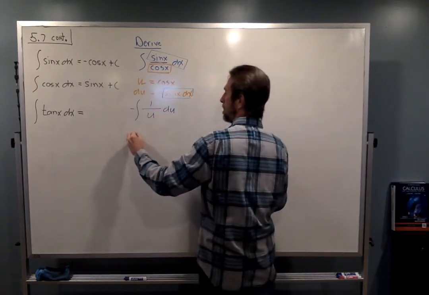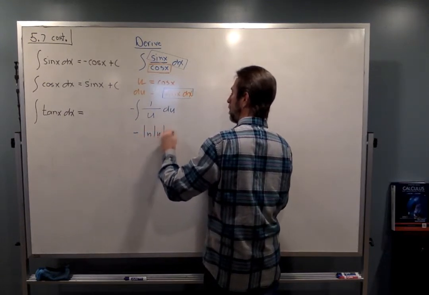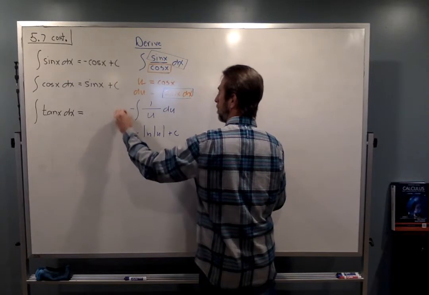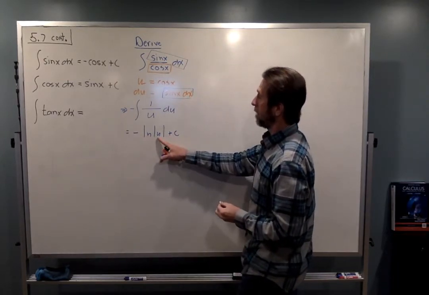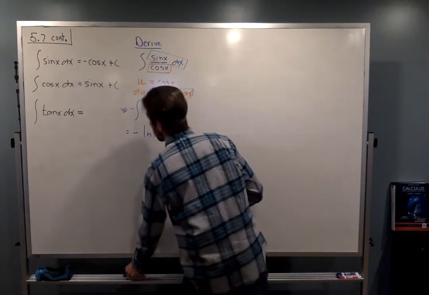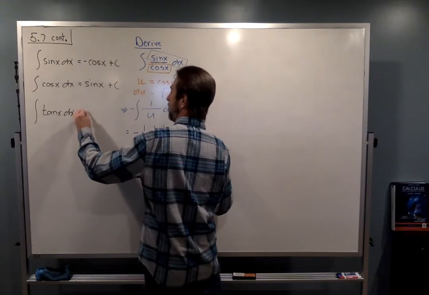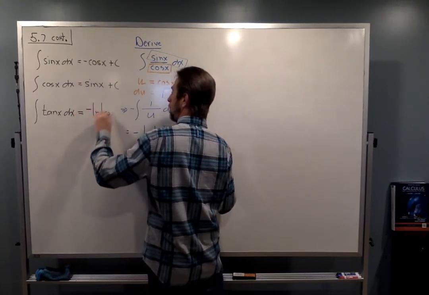Well, this, of course, is negative log u, and then we put the u back in, we get negative log of cosine. So the integral of tangent is negative log of cosine.